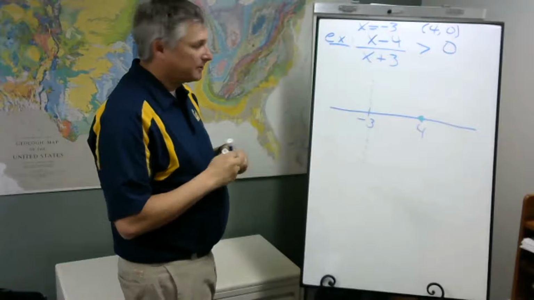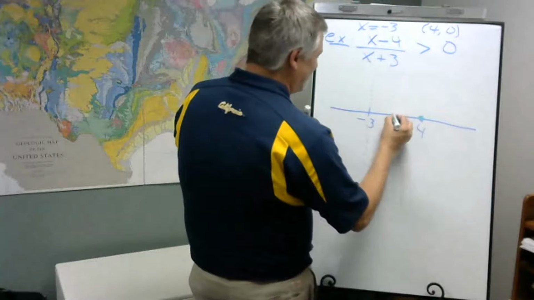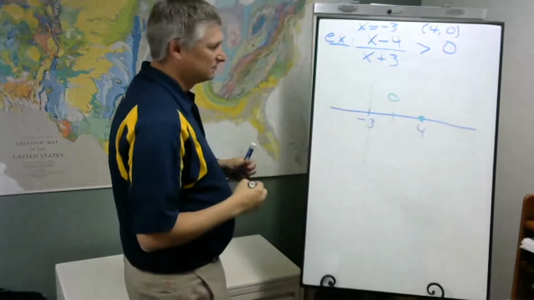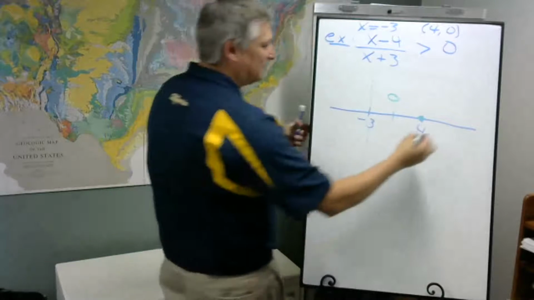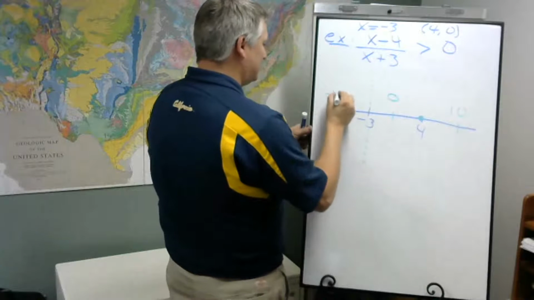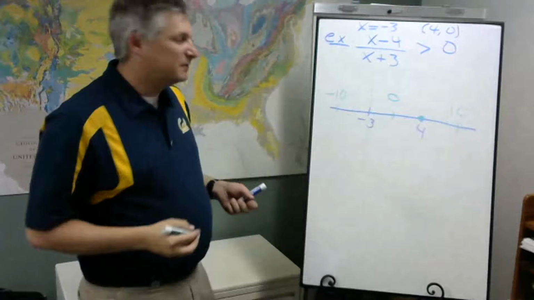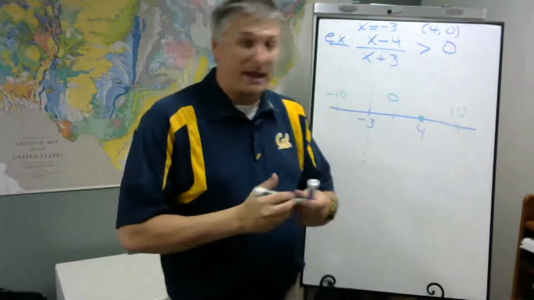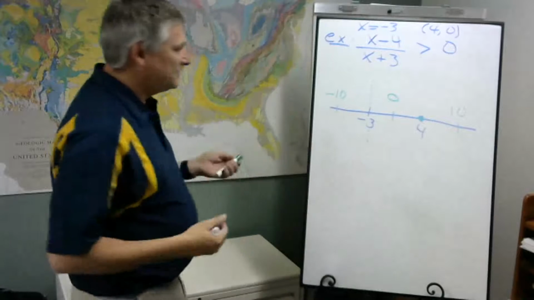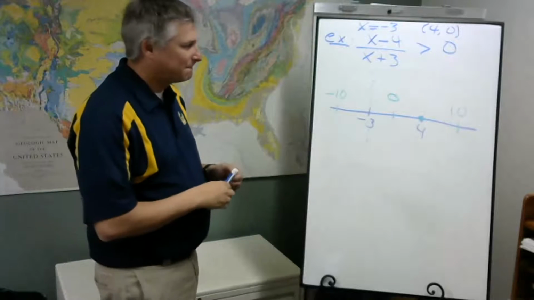So we need some test points. Again, I say go with something kind of easy. 0, that's not too hard to calculate. And then on the outsides, the far sides, I'd say 10, -10. Arithmetic with 10 tends to be easy. And then let's see what's going on with these test points.